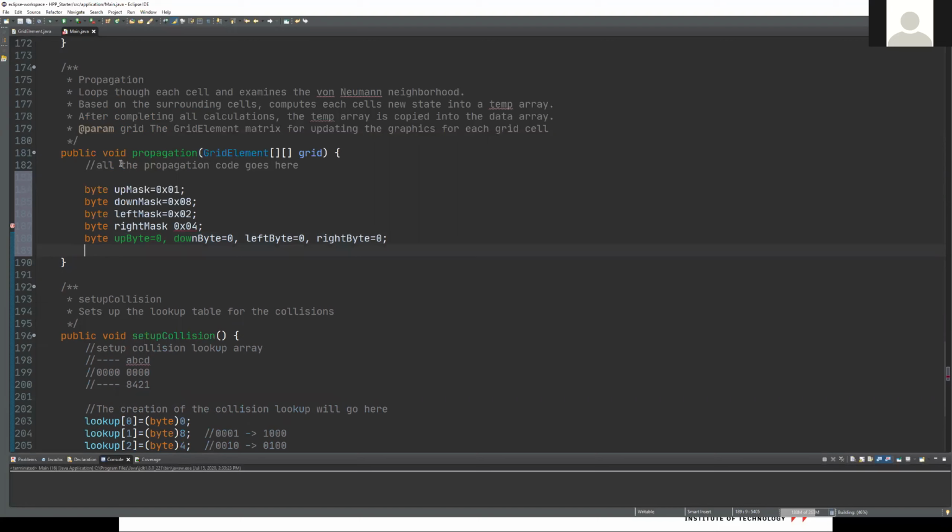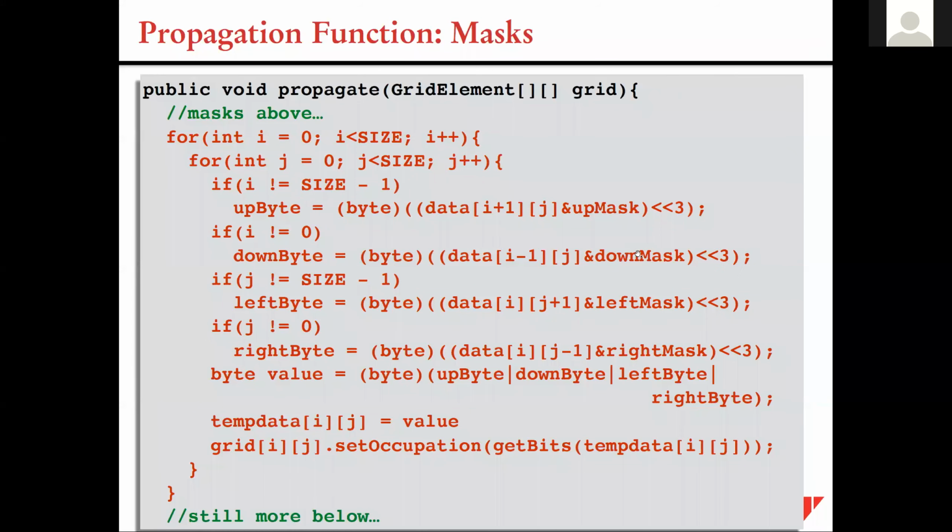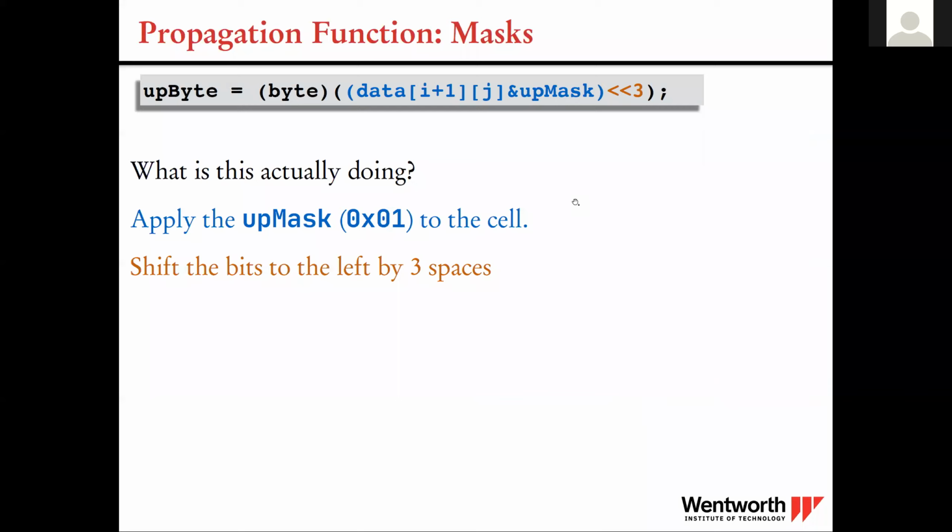Those are just a few helper variables that we're going to use. This should be an equals here. Yep. So we'll set up those masks. Again, they're just the particles that we're most interested in. This is pretty much the full code for doing the propagation, but I'm not just going to sit here and code it while I talk to you about it. I do have a few slides related to it.